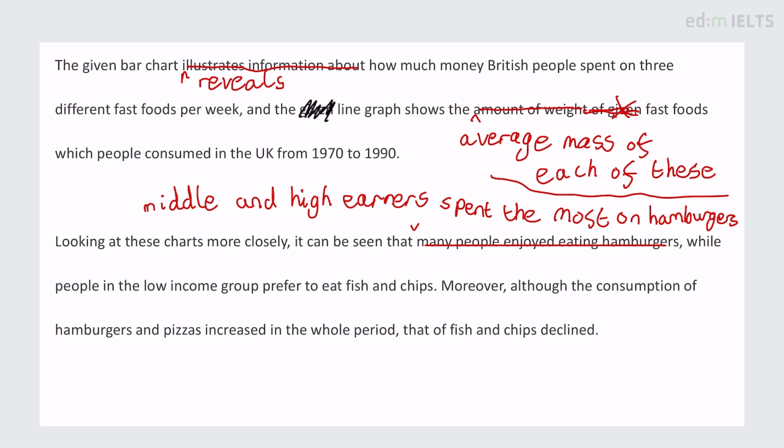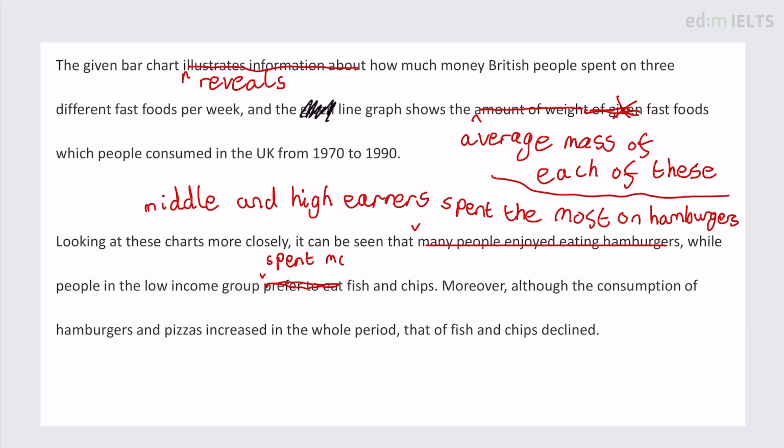While people in the low-income group, again, it might not be about preference for taste. We've got to be very objective with how we report the details, spent more money on fish and chips.